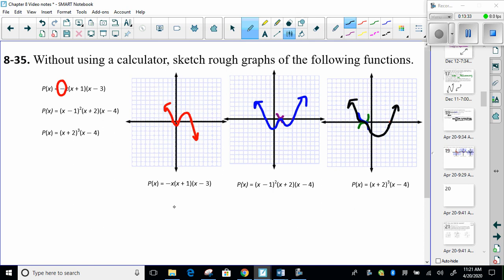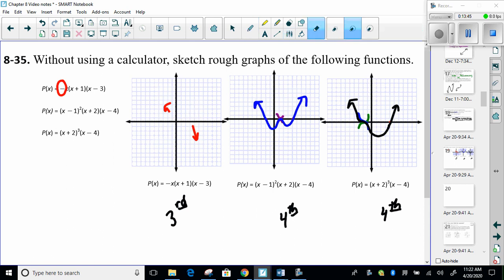So one last quick piece for this. This is a 3rd degree polynomial. This is a 4th degree polynomial, and this is a 4th degree polynomial. If I ignore the whole middle, do you see how this could kind of look like a line if I connect them? It's because it's odd. Versus here, if I ignore the middle, do you see how I could make a parabola shape with that? It's because it's even.